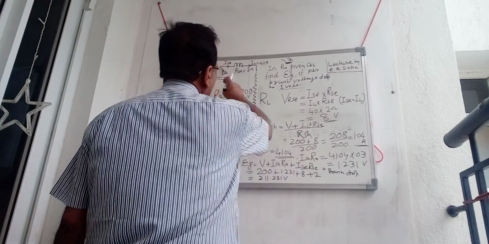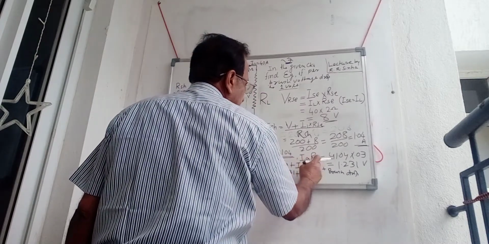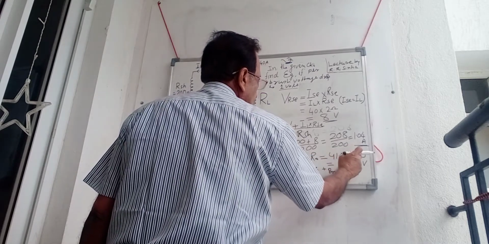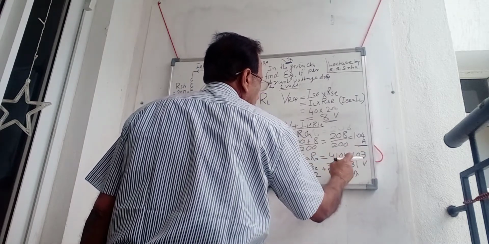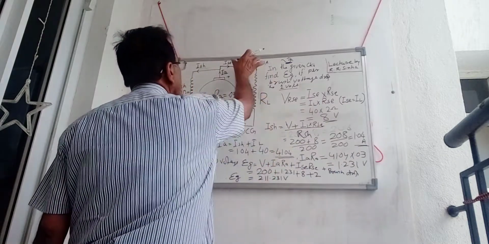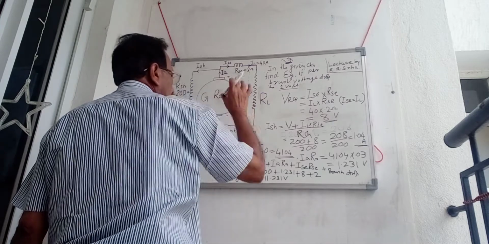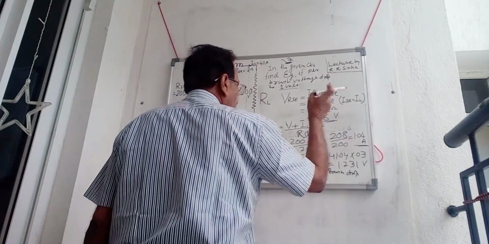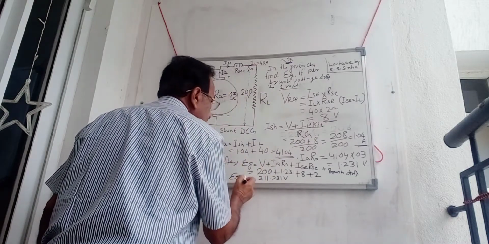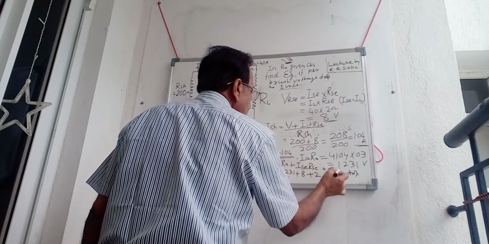Now voltage drop across armature, IARA, is equal to 41.04 into 0.03, which is 1.231 volt. Now we have calculated the armature voltage drop, and the brush voltage drop is already given. So the generated voltage is equal to V plus IARA plus ISE drop plus brush drop.